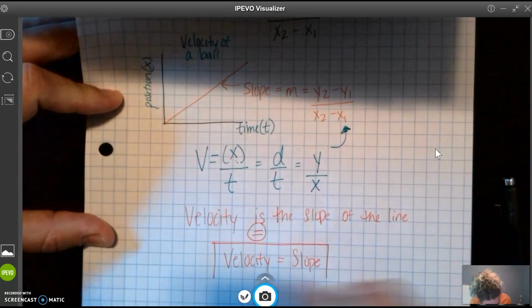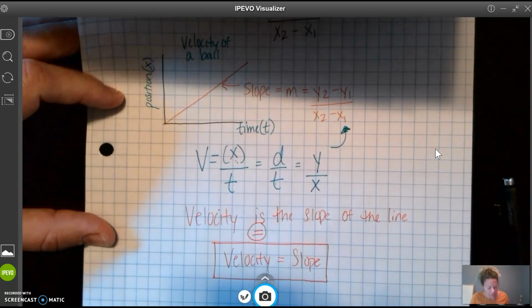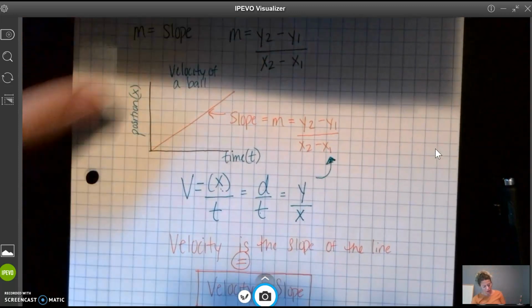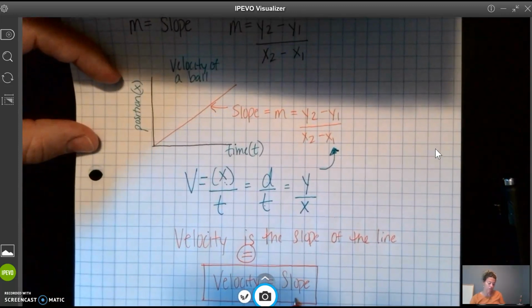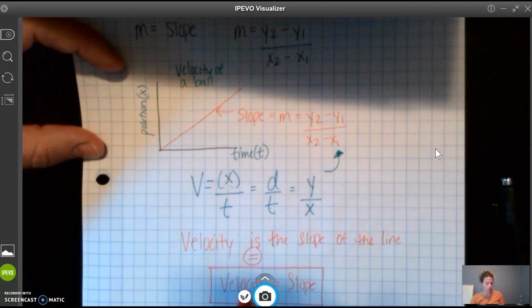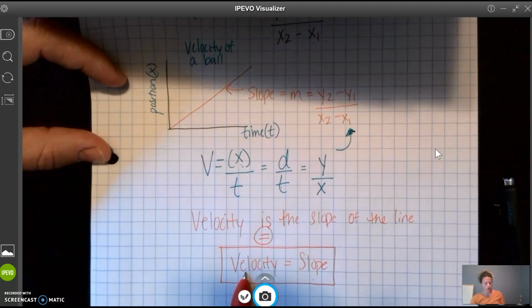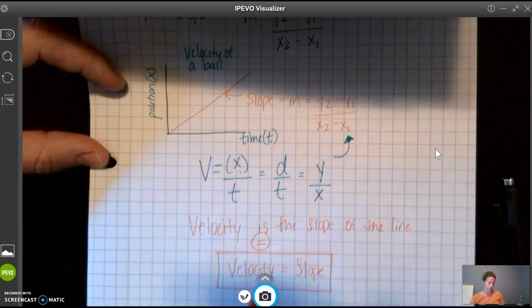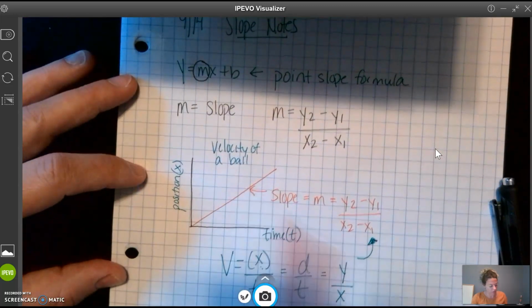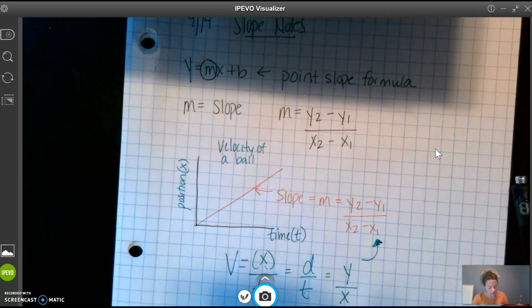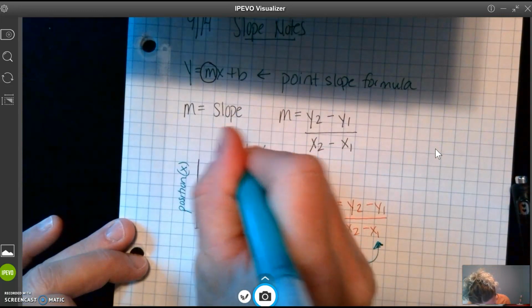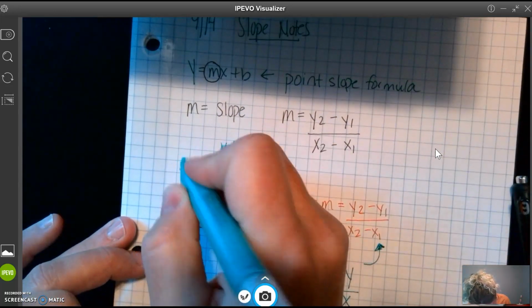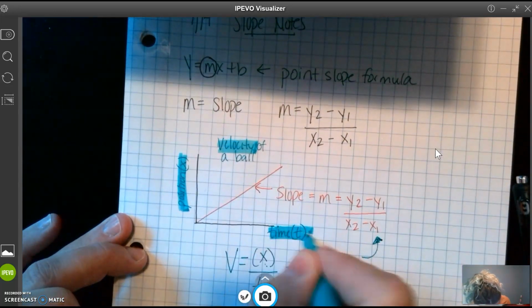And this is how your slope equation is applicable in science. And we're going to see a whole bunch of different slopes. Soon we'll see acceleration equals slope. And what you have to look at is, what is the title, what is the y-axis, and what is the x-axis.